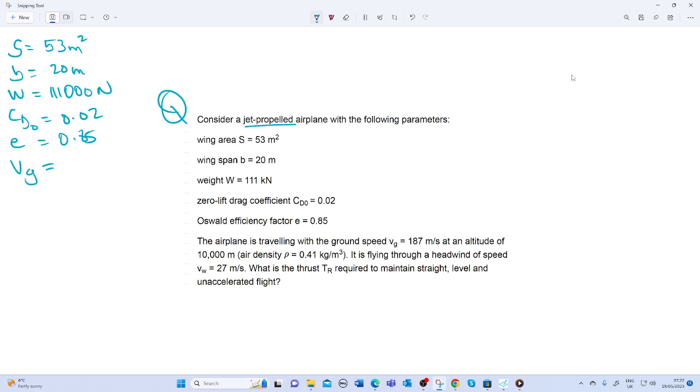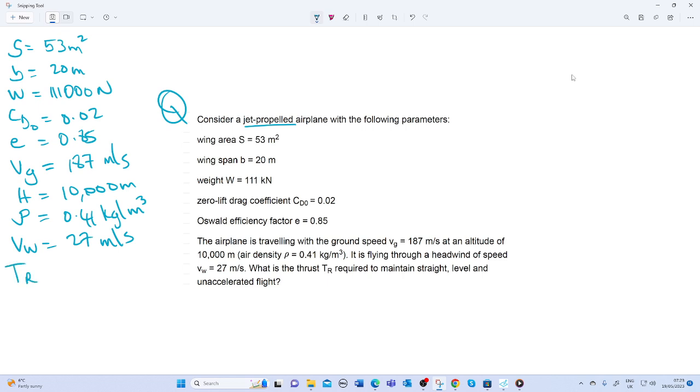Our VG, which is the ground speed for the aircraft, is given, which is 187 meters per second. The altitude of flight is given 10,000 meters. The density is given 0.41 kilogram per meter cubed. The headwind velocity is given to be 27 meters per second. Now we are asked to calculate the thrust.